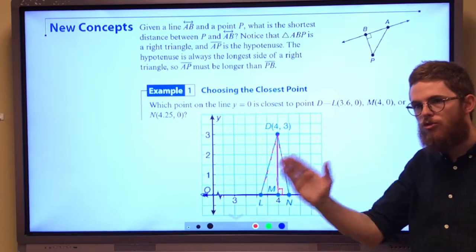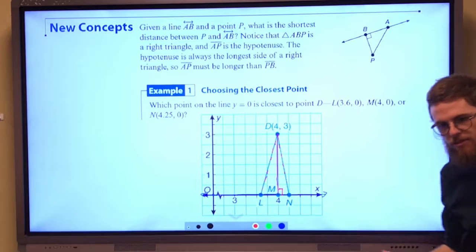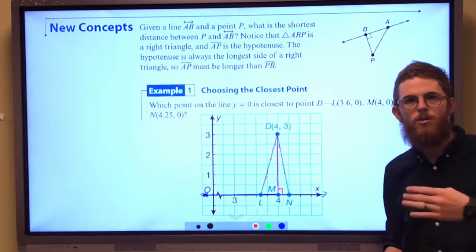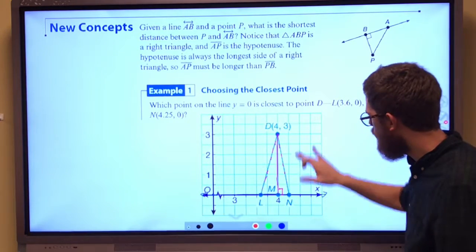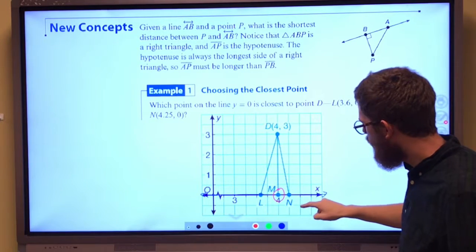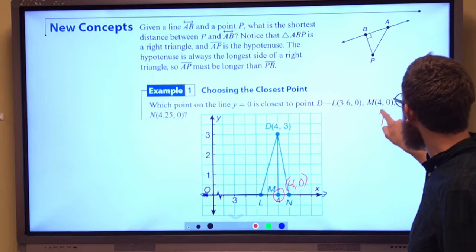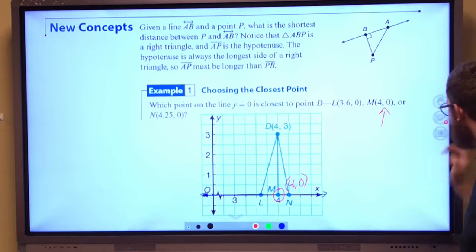It's able to go straight there, where these are not as close. They're further away. They have to have some slantedness, which is a hypotenuse of that right triangle. So the closest point here would be right there. That is the point 4, 0, and luckily that is one of our options.